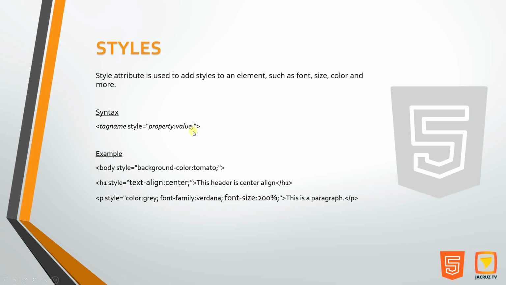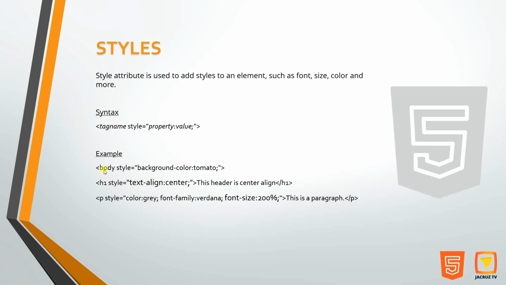So for example, in your body, you want to change the background color of your website. If you want to change the total background color of your website, go to your body tag, put a style attribute, put background-color as the property for that style, and then select the color.